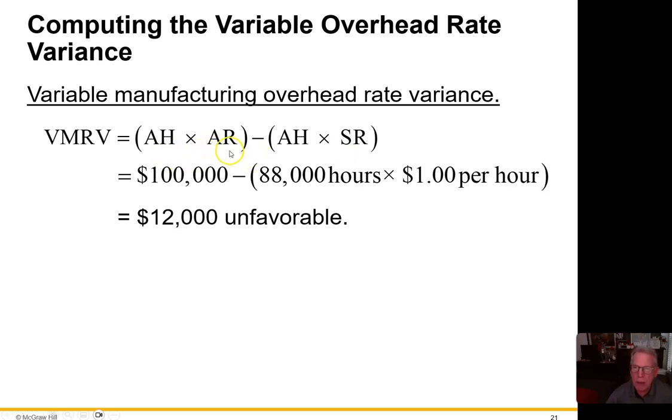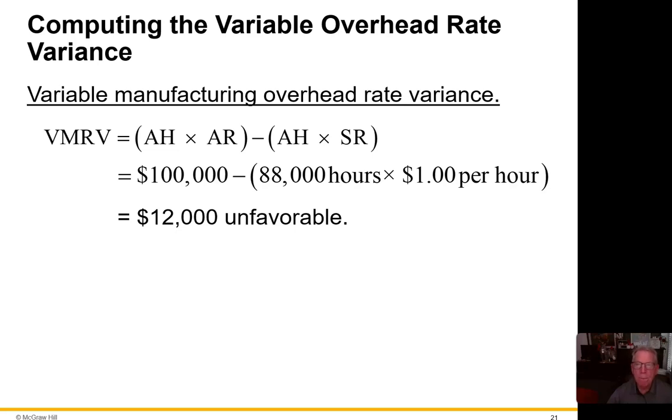Actual hours times the actual rate and minus the actual hours times the standard rate. So here, that was $100,000 when we multiplied the actual hours times the actual rate. And we then would subtract 80,000 hours times the dollar standard rate. And that left me with the variable portion being $12,000 unfavorable.